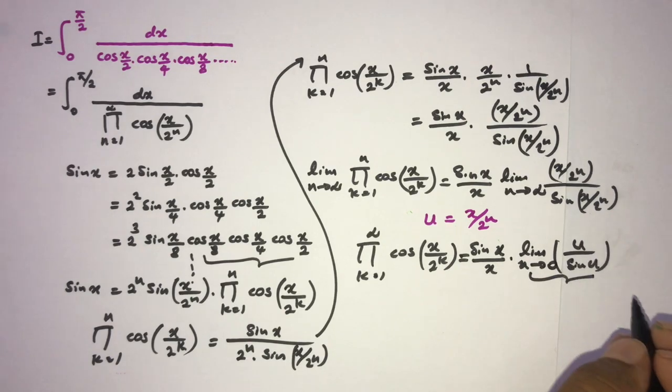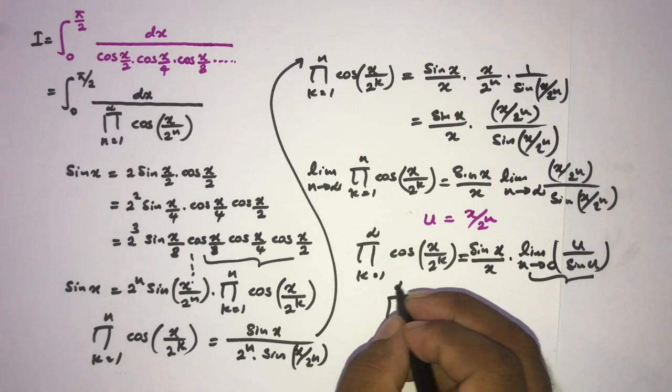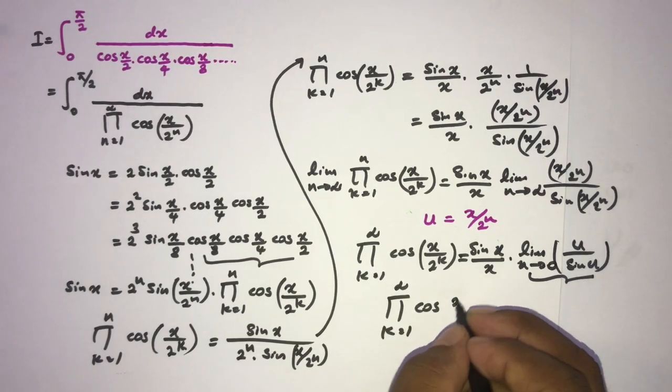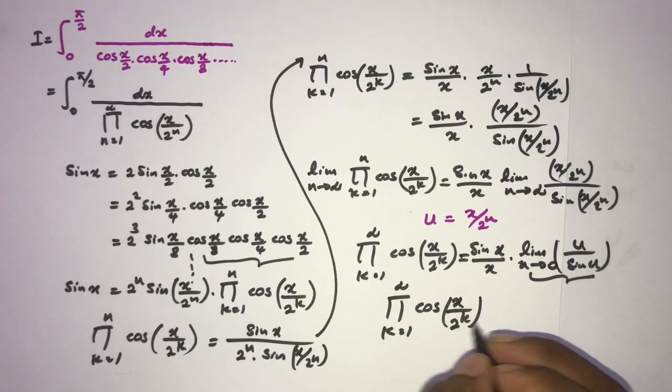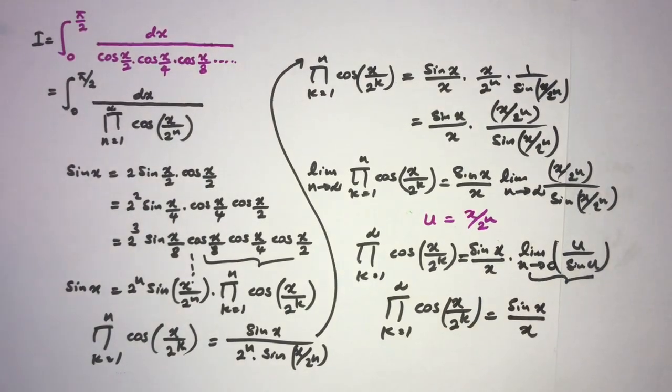Now we know this is equal to 1, so we have another interesting formula for this product: the product of cosine of x over 2 raised to the k is equal to sine of x over x.